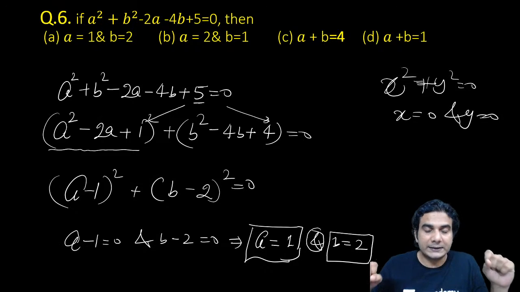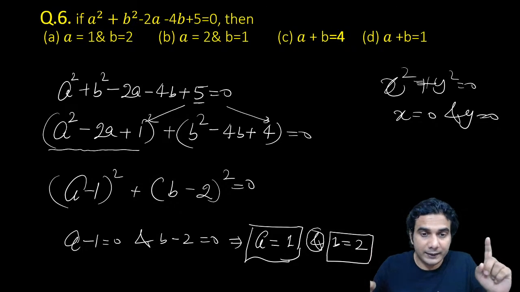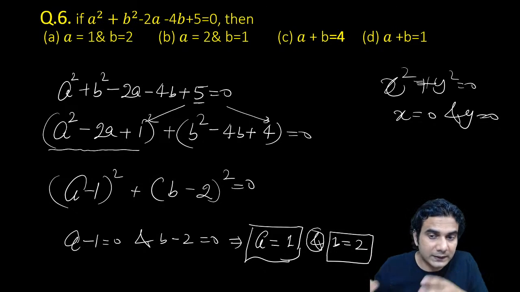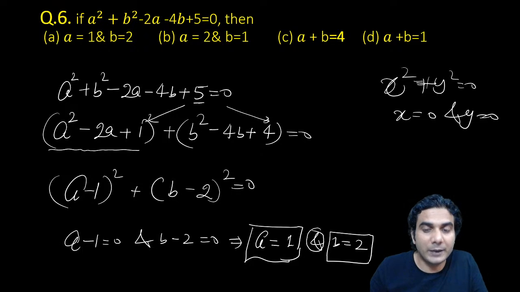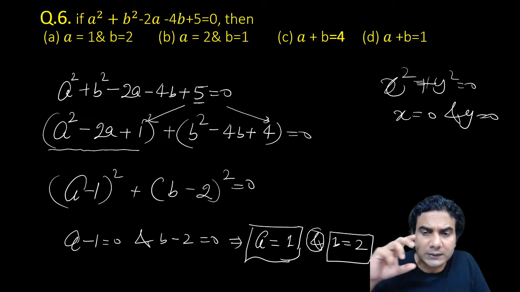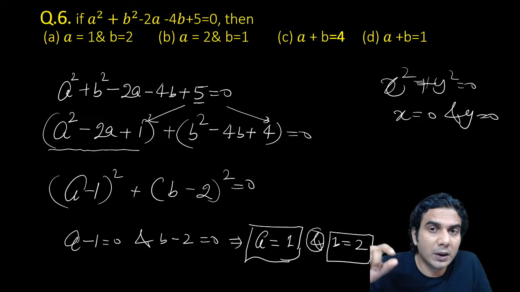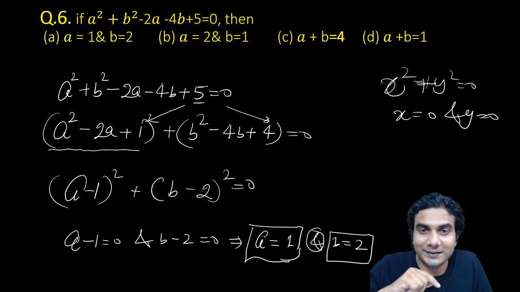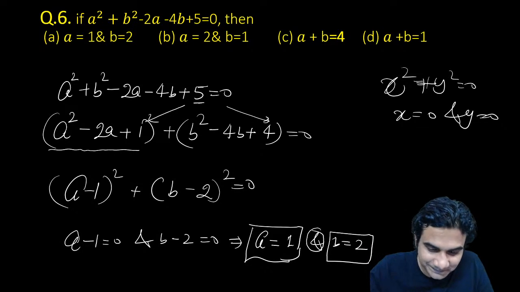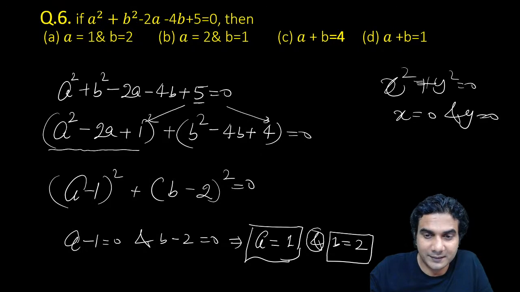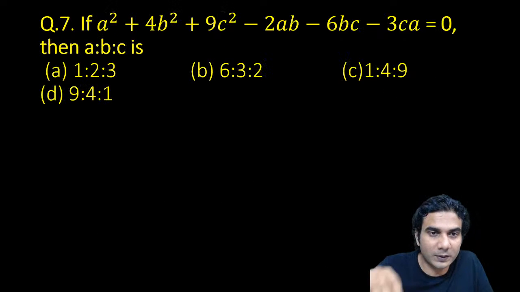Okay, so in this case I'm writing clearly "and", this is 0 and this is 0, both must be 0 simultaneously. All right, so always focus on these words, "or" and "and". Okay, now let's discuss another problem.